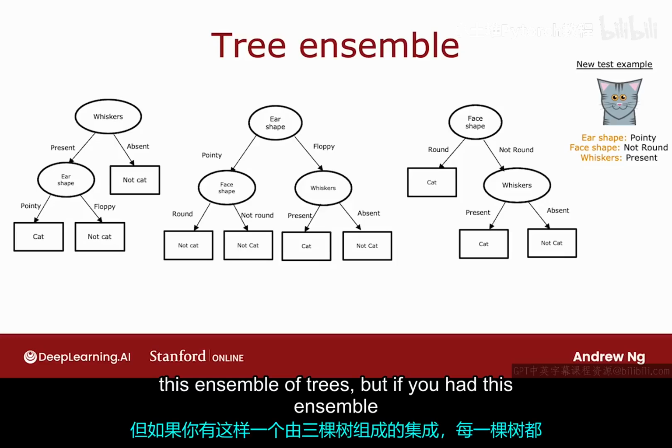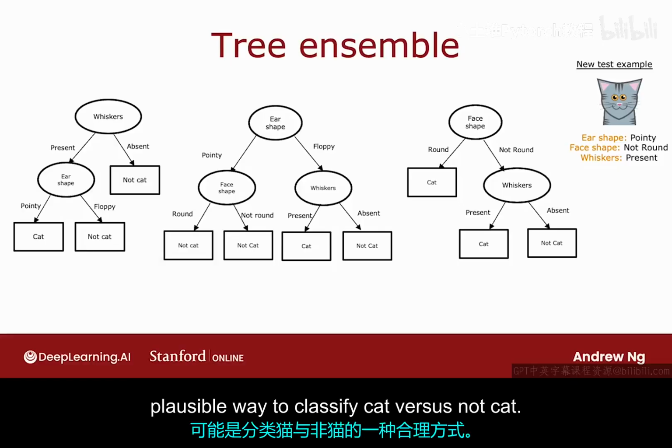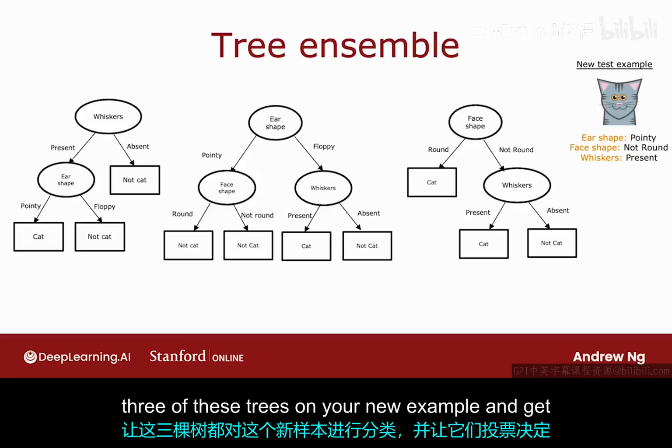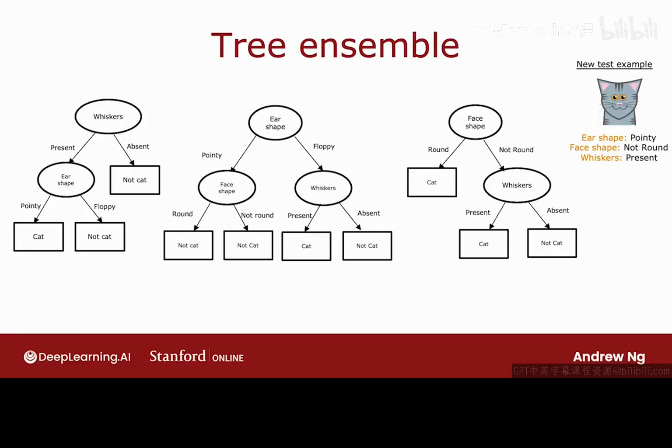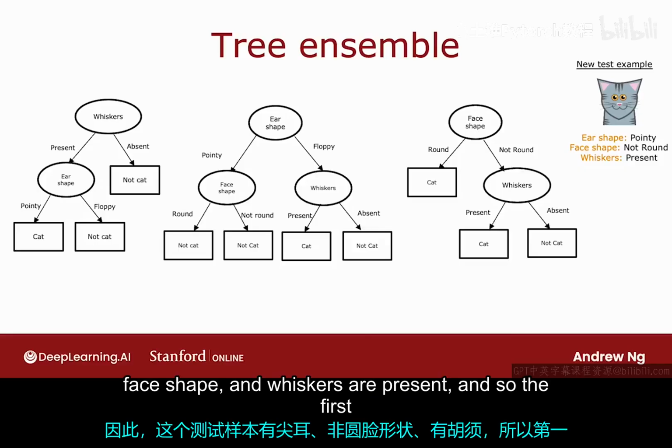But if you had this ensemble of 3 trees, each one of these is maybe a plausible way to classify cat versus not cat. If you had a new test example that you wanted to classify, then what you would do is run all 3 of these trees on your new example and get them to vote on what is the final prediction. So this test example has pointy ears, a not round face shape, and whiskers are present.